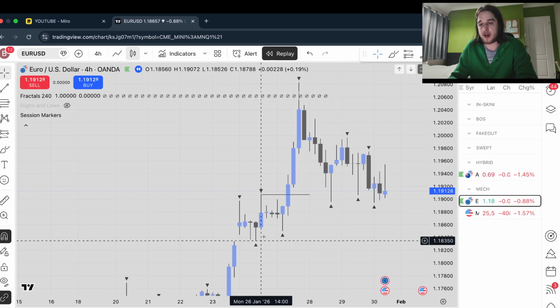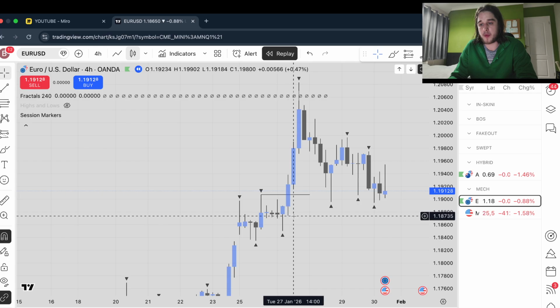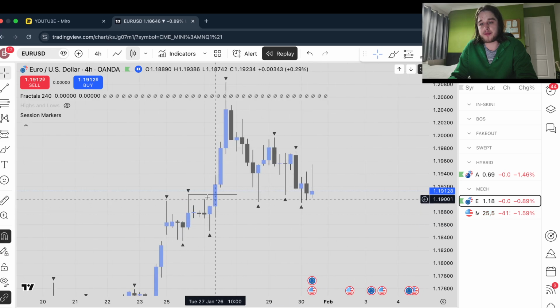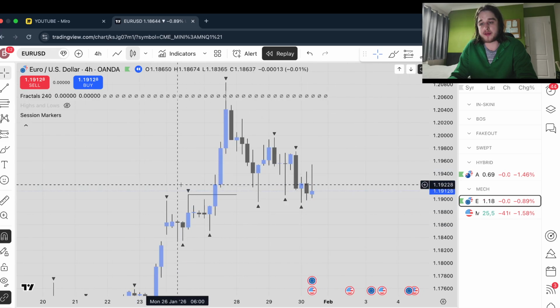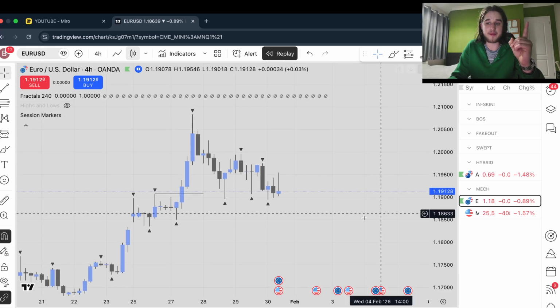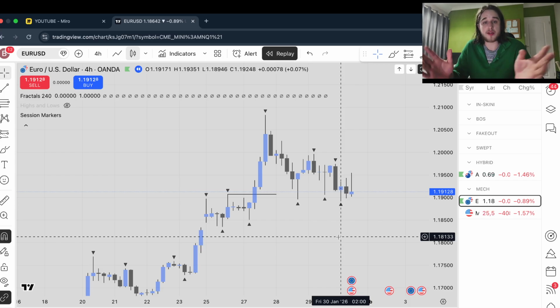Remember, bodies are the colored part, wicks are the snail trail left behind. So that means we are looking for a buy. That is how simple it is.